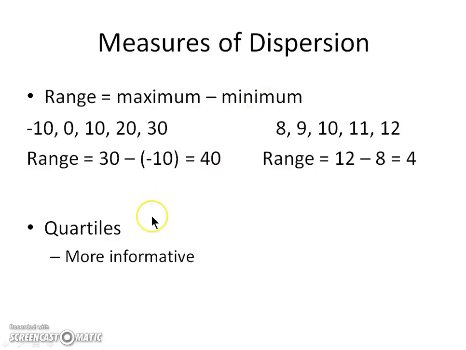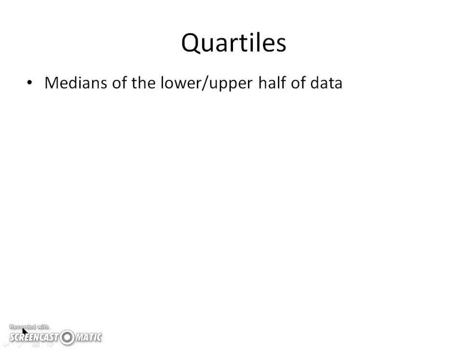So in order to have a better big picture of the data, we're going to be looking at the quartiles. When we talk about quartiles, we need to start off by reviewing medians. We already talked about medians in the previous video.